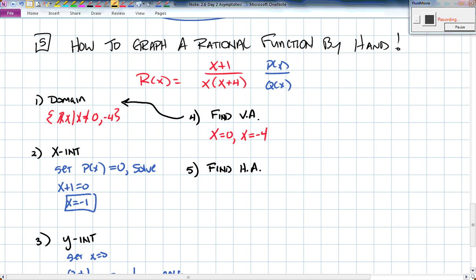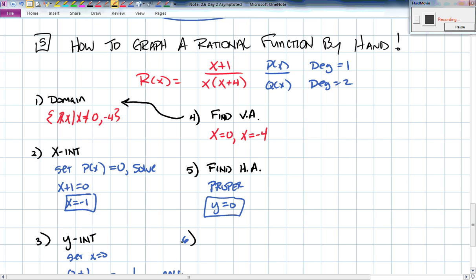They do not have the same degree. Very good. The degree of the numerator is what? This is a degree equal to 1. And what's the degree of the bottom? 2. So therefore it's proper, right? So it's proper. So that means that y equals 0 is the horizontal asymptote.